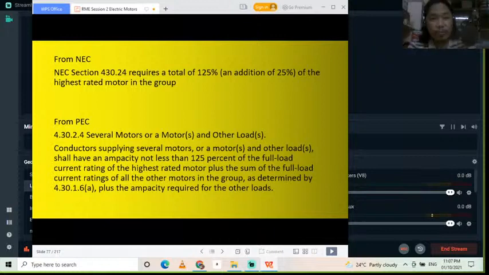Doon sa tayo merong multiple motors and other loads, shall have an ampacity not less than 125% of the full load current rating of the highest rated motor plus the sum of the full load current ratings of all the other motors in the group as determined by 4.30.1.6a. So, yun din yung nakasulat kanina.